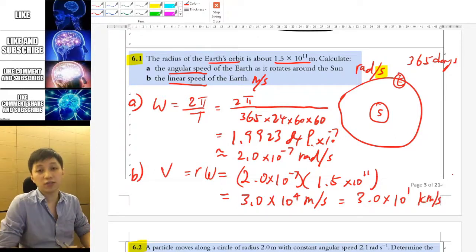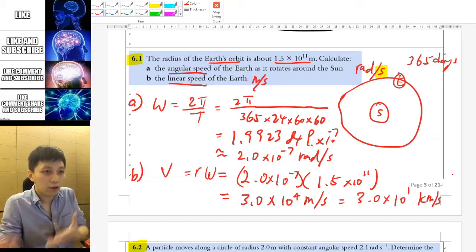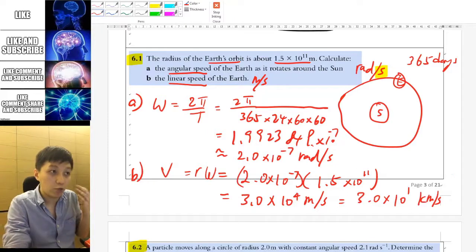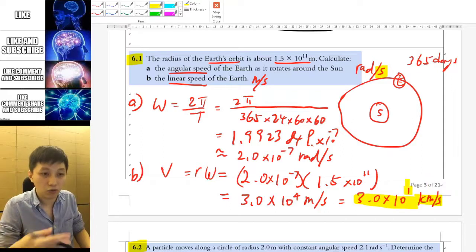This is a very interesting question because think about the linear speed of the Earth. We are moving with the Earth around the Sun, and we all are moving at such a speed. Can you imagine you are moving 30 km per second right now when you are watching this video?